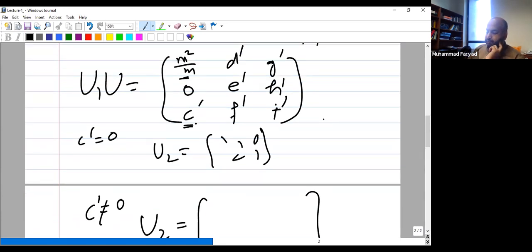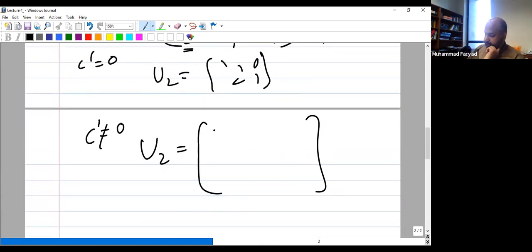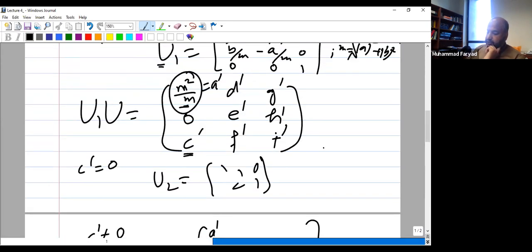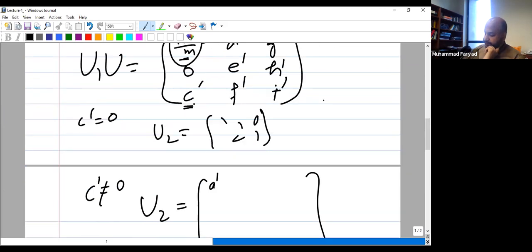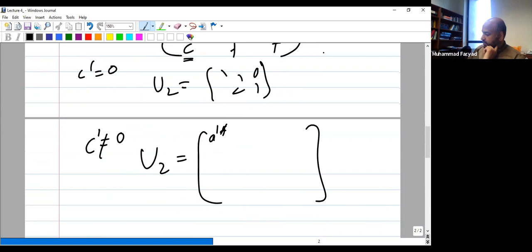To make it 0, again, I will have to have a matrix like this. I'm still calling this number some A prime, but remembering that this is a real number. So let's say I have A prime star, 0, C prime star, then 1, 0, 0, then C prime star, 0, minus A prime star.